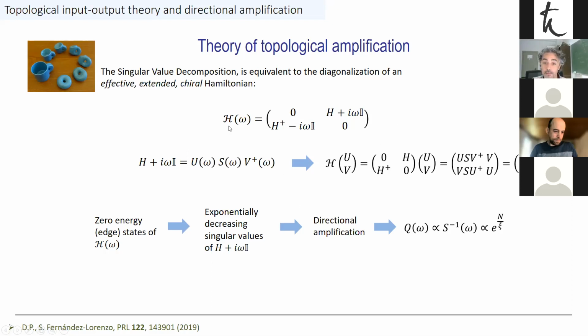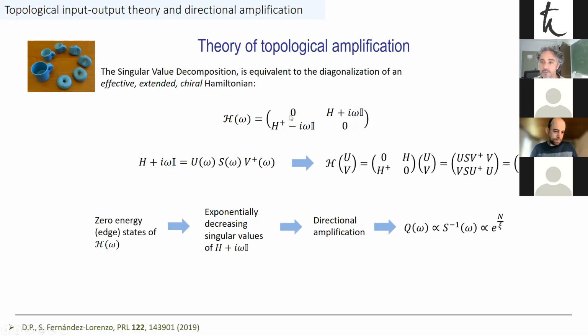And what is nice about H is that it has exactly the same form as Hamiltonians in topological insulator theory. It has what is called chiral symmetry in topological insulators, which is basically this block structure with two zeros on the diagonal and H and H dagger on the off-diagonal. Most Hamiltonians in topological insulator theory, like the SSH model and other more complex models, have this structure, and they have edge states.